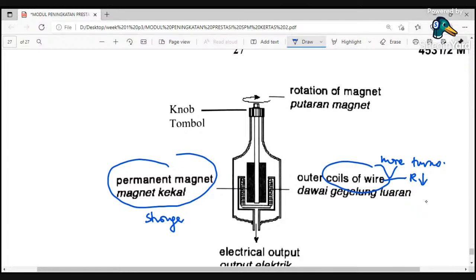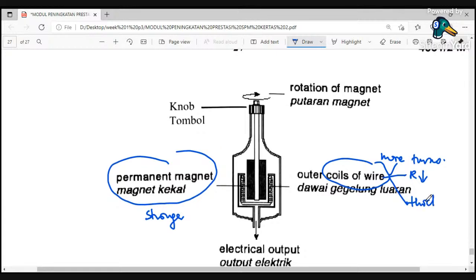And then another one, wire is thicker. Ini semua properties yang berkaitan dengan resistance lah, resistance. Okay, ini knob. This knob will cause rotation of magnet. So if the rotation is faster, the speed is faster, this one also will produce larger current. So use larger diameter of knob.